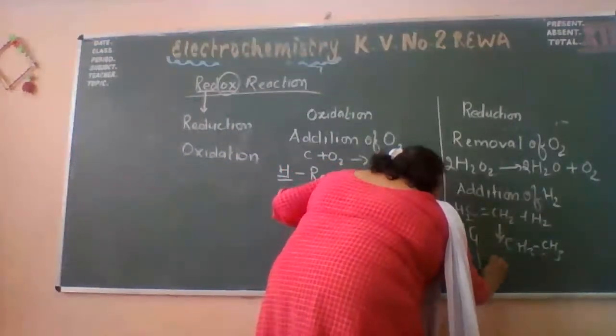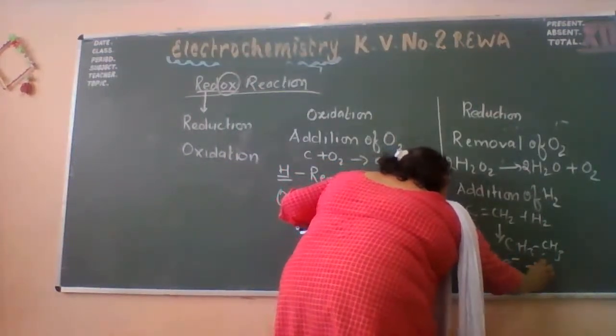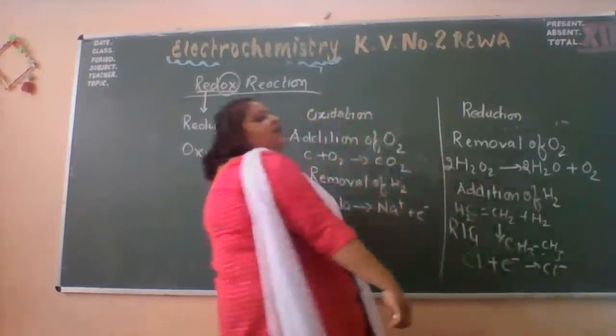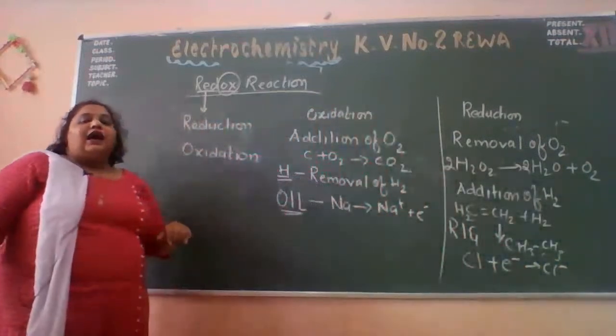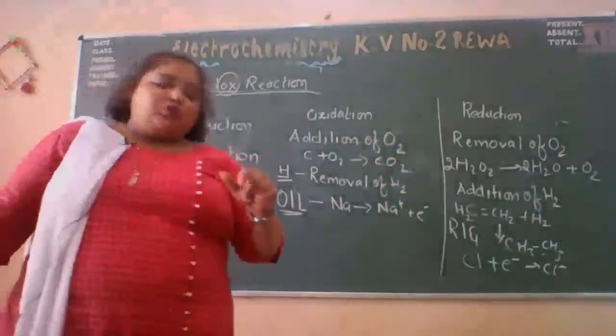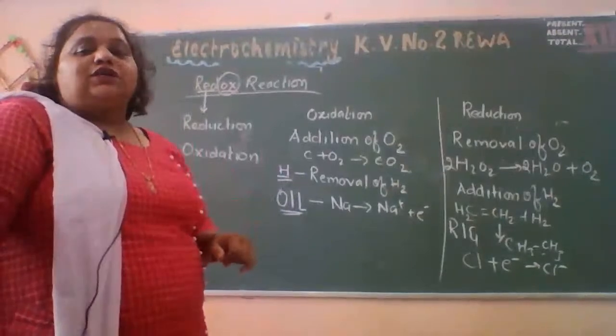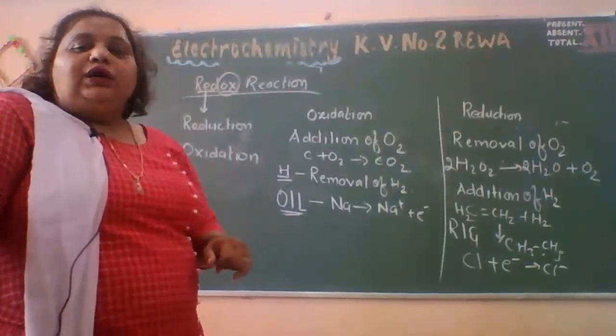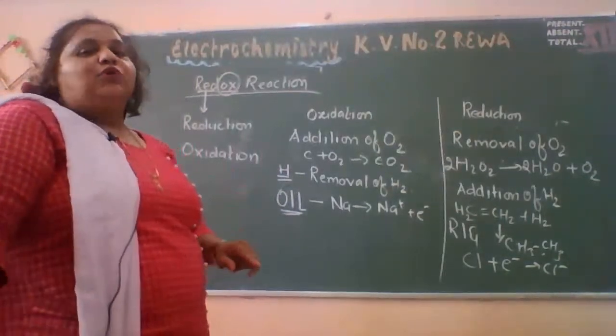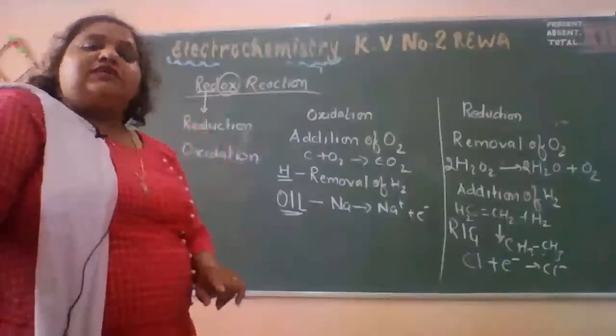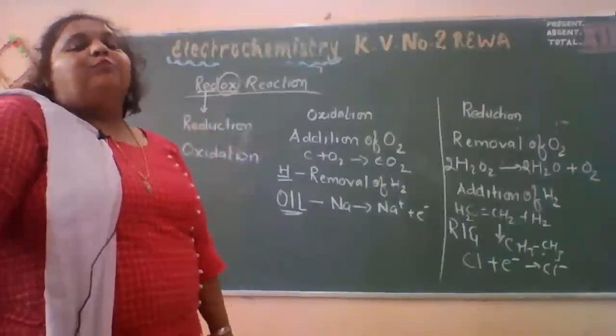Take the example of Cl. It takes the electron and this forms the Cl minus. And in the last, I just want to give you the thumb rule how to check whether oxidation or reduction is going to take place. And this thumb rule is based on one special term, oxidation number.